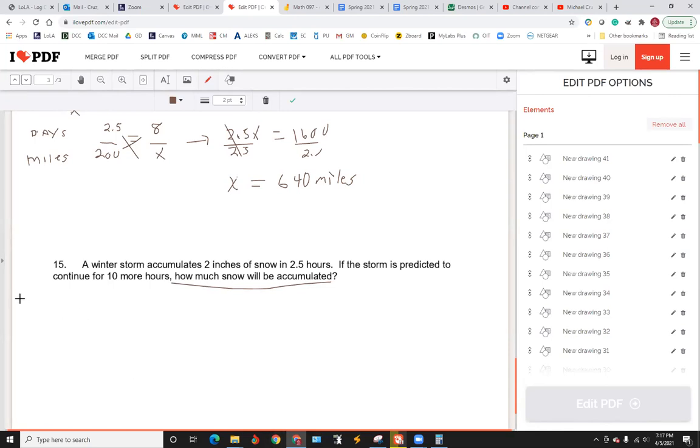So inches and then hours. We're lining up left to right. So here it's 2 inches. And down here it's 2.5. All right, and that's equal to 10 more hours. And what we don't know is inches.